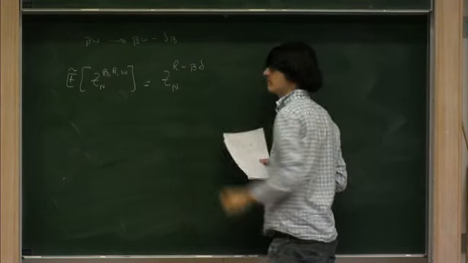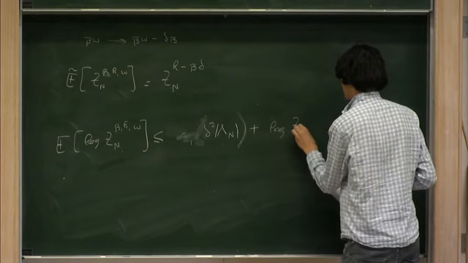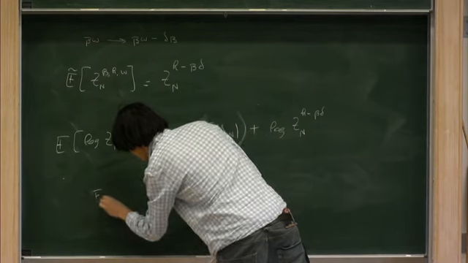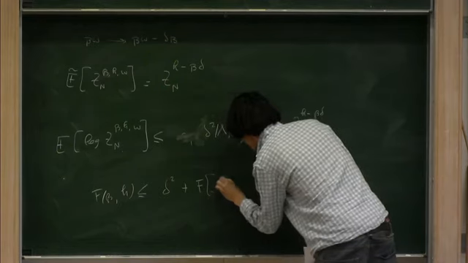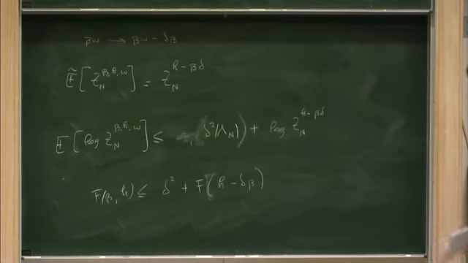So if I put everything together, what I get is that the expectation of log Zn beta h omega is smaller than exponential delta square times gamma of n plus log of Zn h minus beta delta, which gives me, when I pass to the limit, f beta h is smaller than delta square plus f of h minus delta beta. And the delta is arbitrary, so I can optimize over delta.